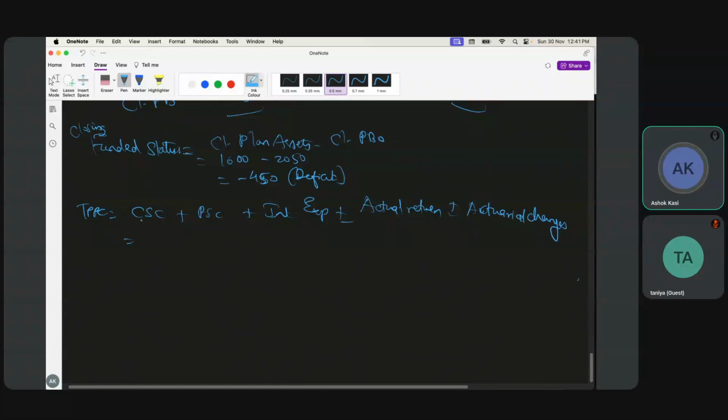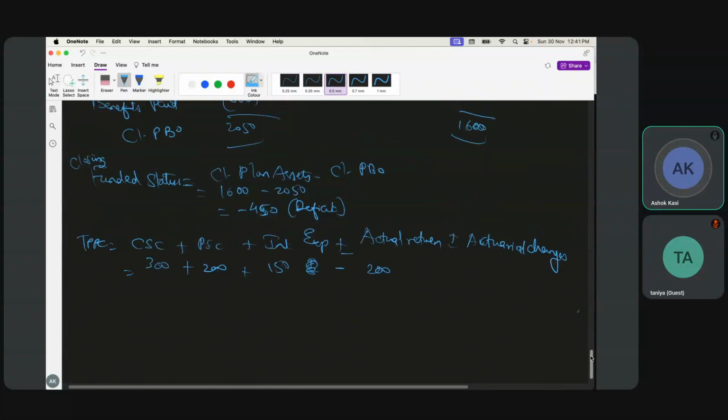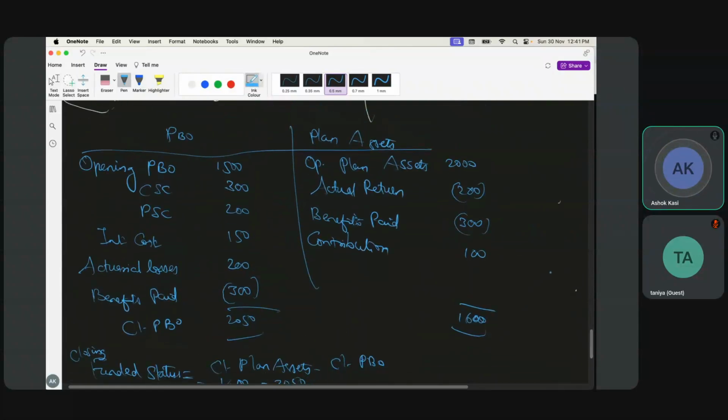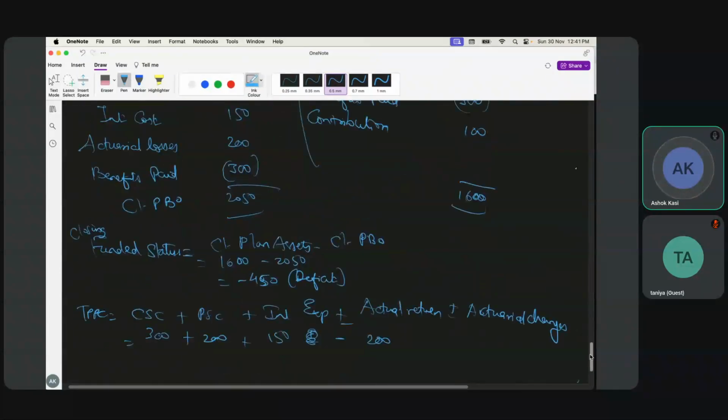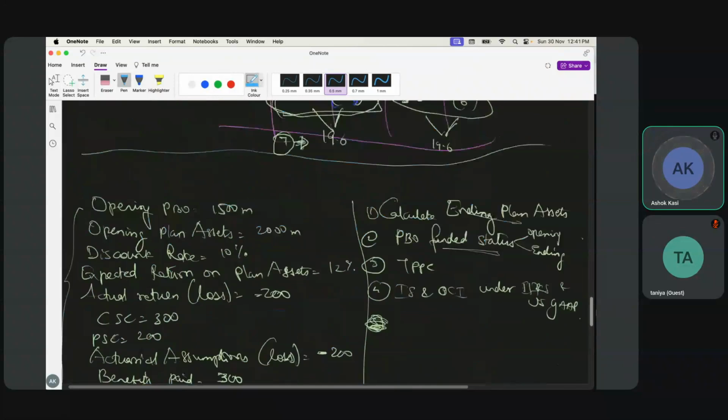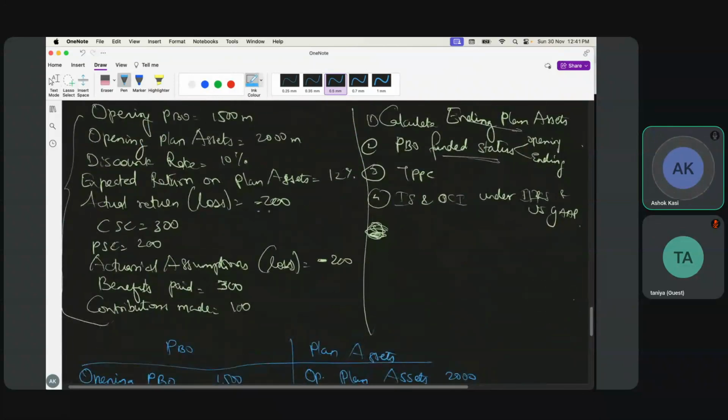So CSC is 300, PSC is 200, interest expense is 150. Now actual return is positive, right? So that's why I will write in negative, because actual return is positive 200. Actual return is positive or negative? No, actual return is negative.